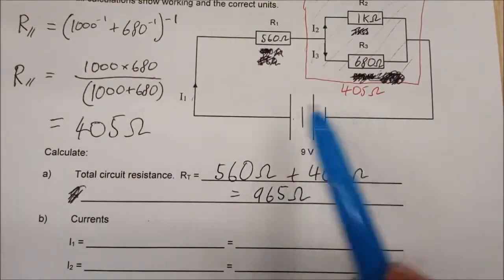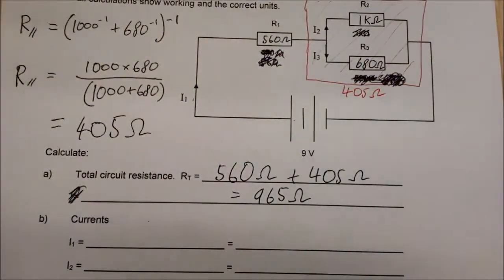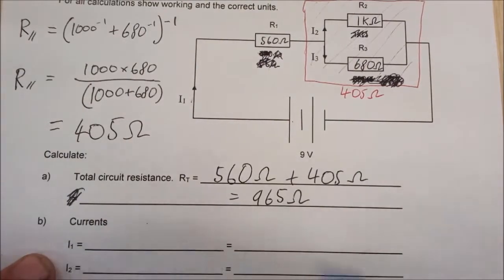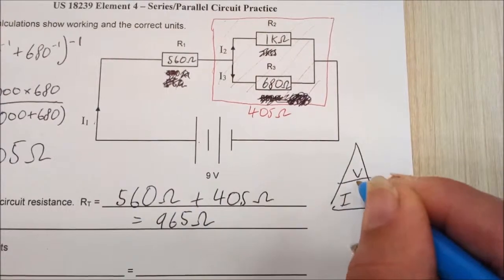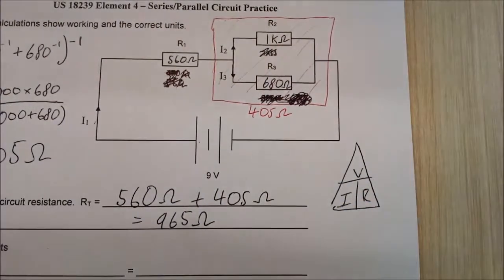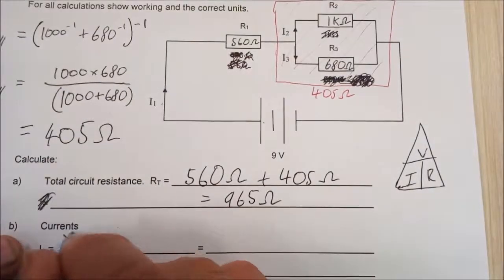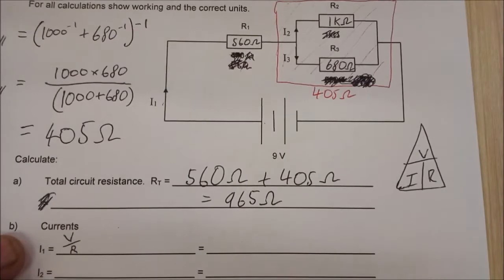Now, probably the easiest way to look at this is to think of it from that battery perspective, or the whole circuit perspective. I1, using our Ohm's law formula, V, this is going to be important, draw your triangle up in the top corner when you do this, but I is equal to V over R. Now let's have a think about this.